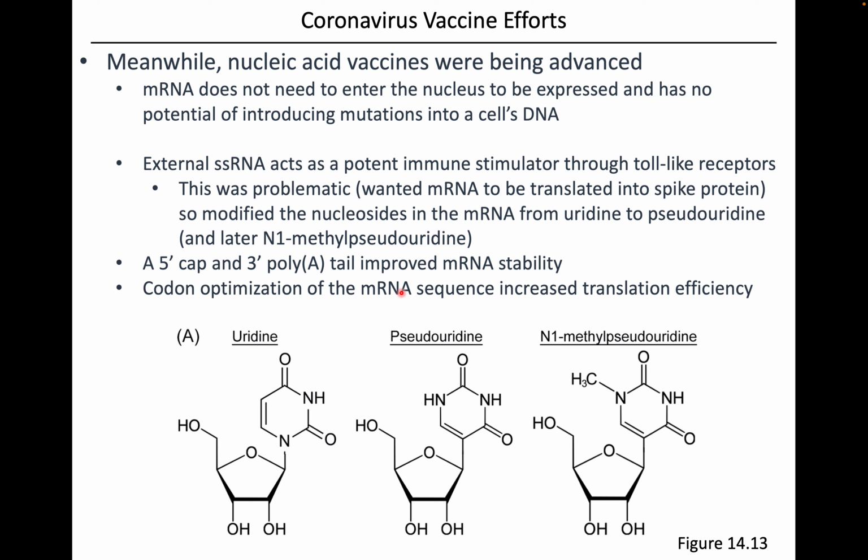And they tweaked some of the codons as well in the messenger RNA to try to increase the efficiency with which it's being translated. So all that tweaking, bottom line, seemed to prevent this issue of the immune system recognizing the nucleic acid before it was translated.